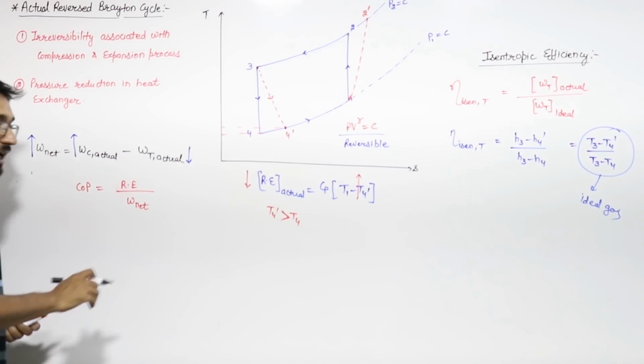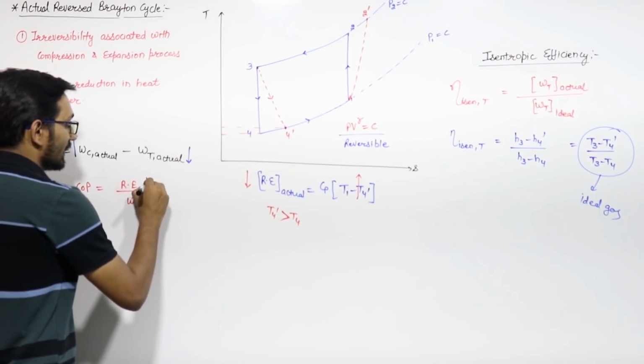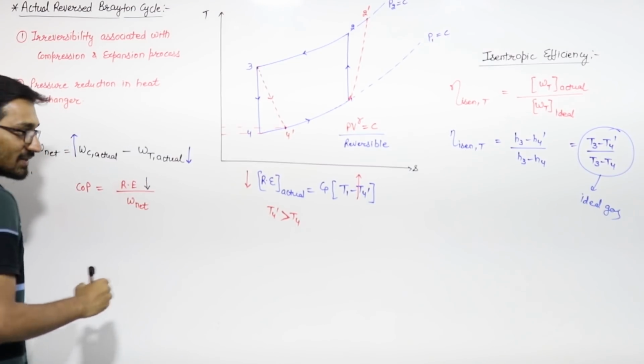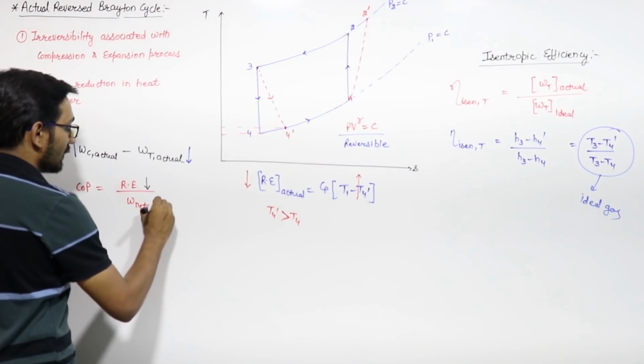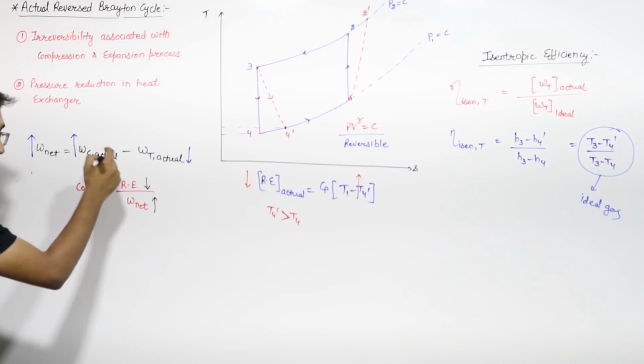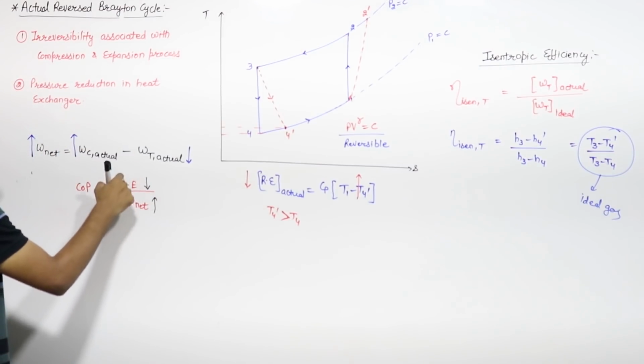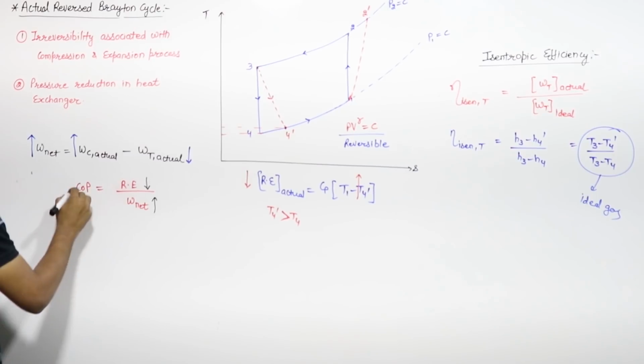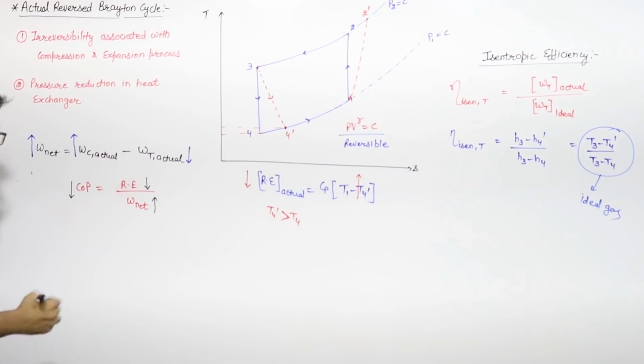So because of the irreversibility, refrigeration effect decreases and W net increases. Because of both of these, numerator is decreasing, denominator is increasing, then COP will decrease.